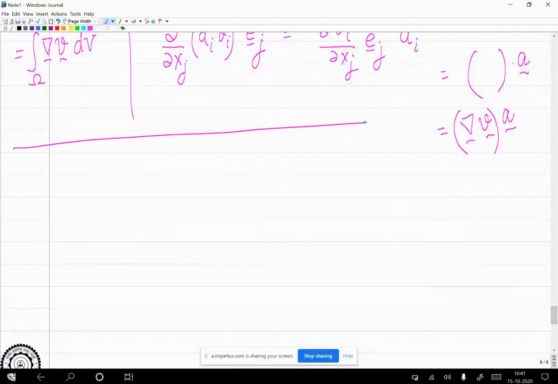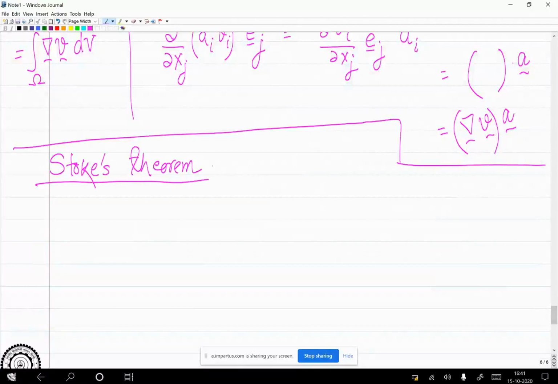And final is what's called Stokes theorem. This is also a very beautiful theorem, and it is often used in fluid mechanics and also in electrostatics, for example. So what does this say? So think of a surface.